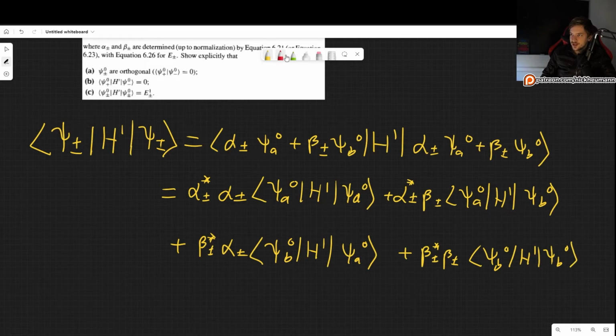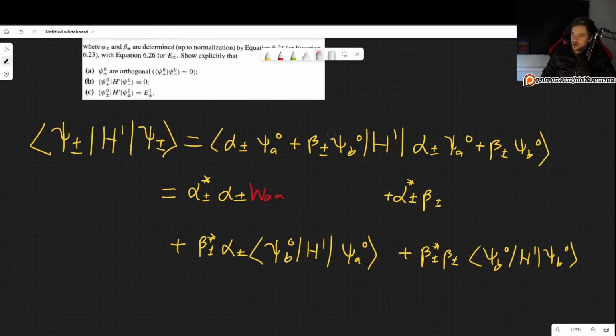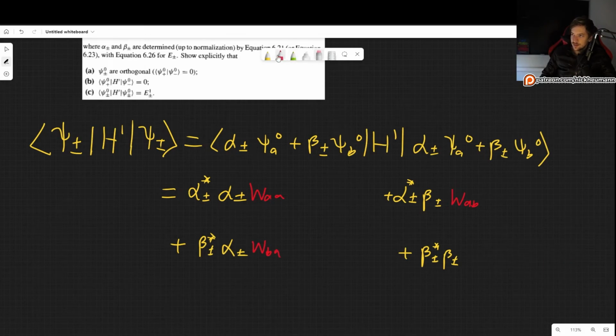Now notice what we have. This again is WAA. That's why it's so important that you feel very confident not only using the W matrix, but also understanding its components. This thing is WAB. So this is the same as in the previous case. That's why I'm going quite fast. This is WBA. And this thing is WBB.